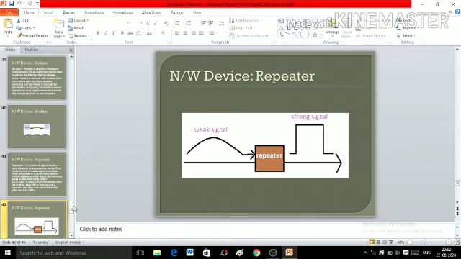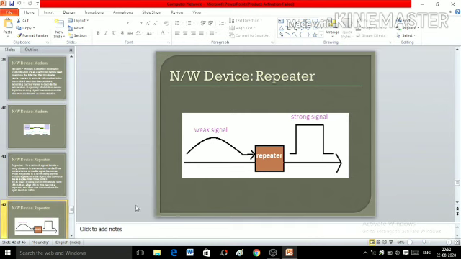So there is a need for a repeater to convert the weak signal into a strong signal, so that it can travel more distance and reach the destination.